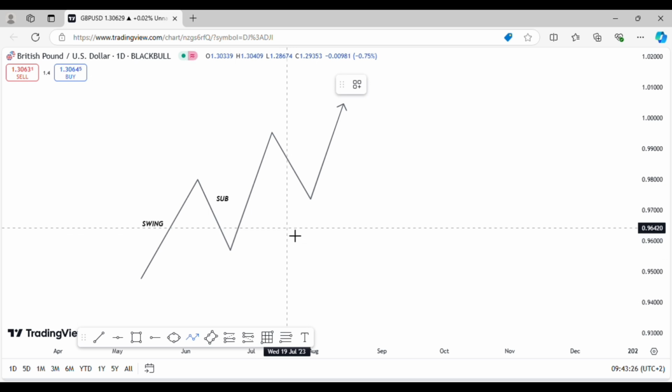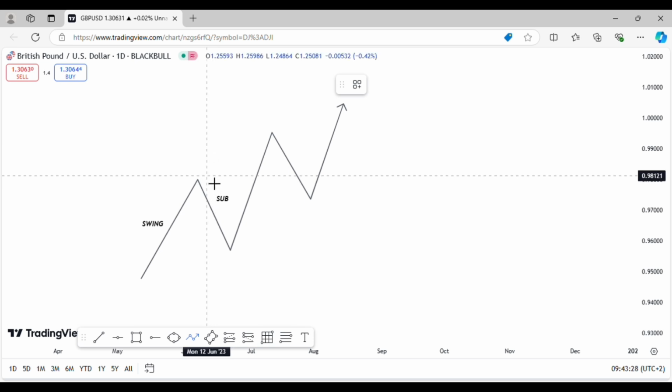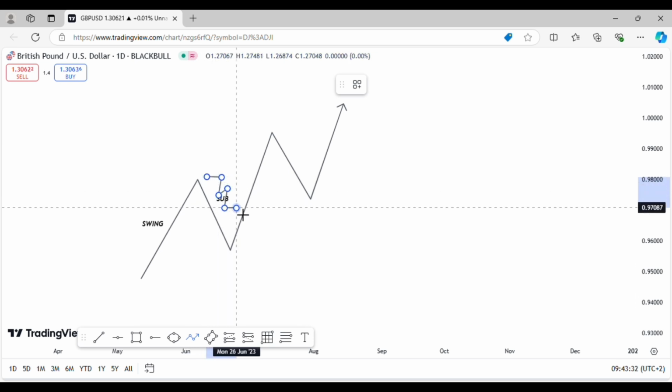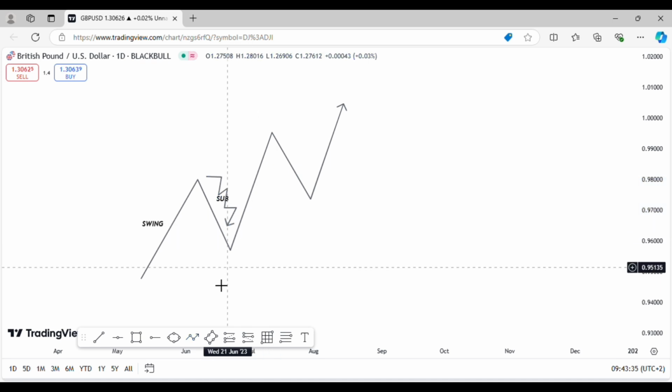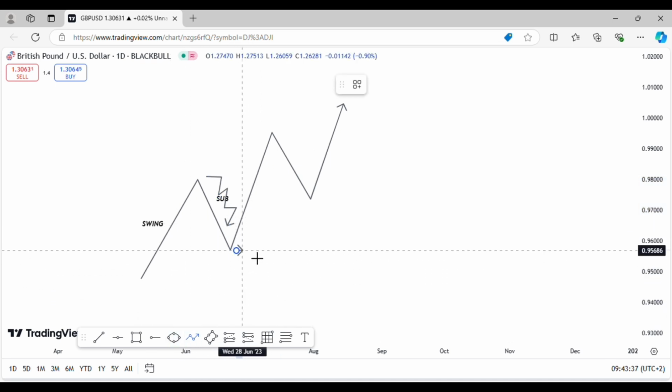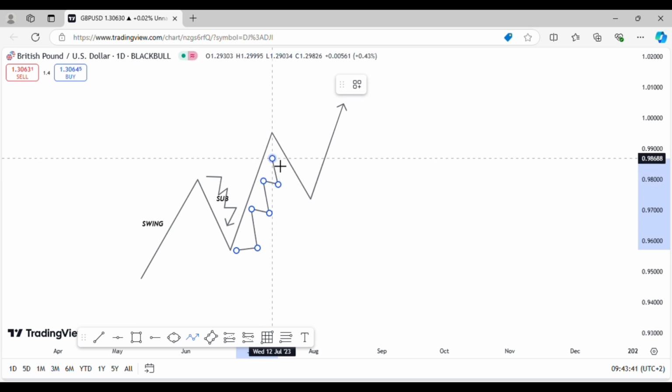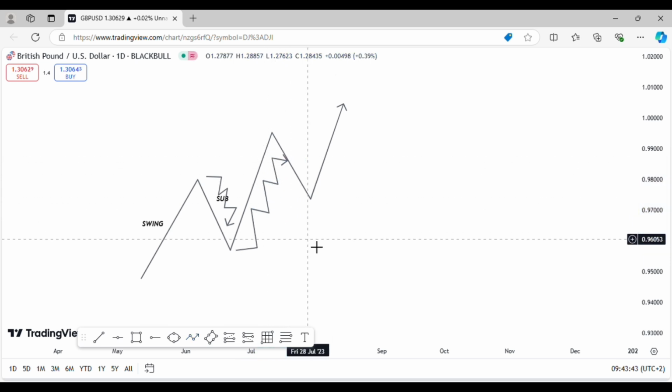So a correction is something like this, guys. It's something you can also identify on your smaller time frames. Then an impulse is a long momentum movement to the top side that breaks the previous high. So here we have what we call a previous high.